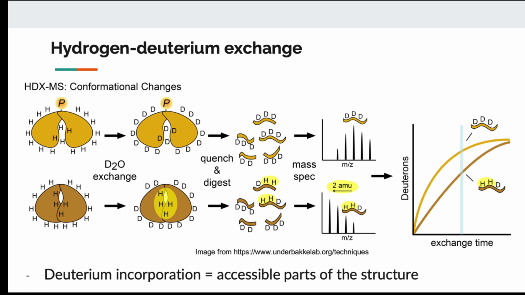So every part is now accessible, and every hydrogen will be substituted with a deuterium. So when you compare the mass spectrum from the top condition and the bottom condition, like phosphorylated and non-phosphorylated, you will be able to identify peptides that remain hydrogen but became deuterium across the two conditions.